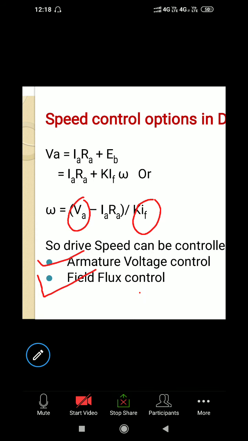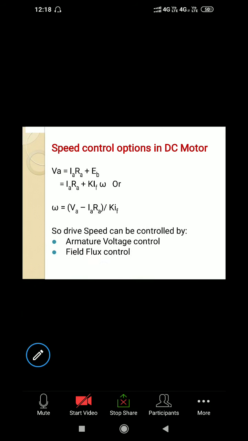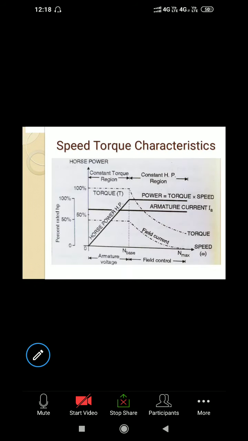So after this we will see the speed torque characteristics, right? While studying the speed torque characteristics we have included all the variables.